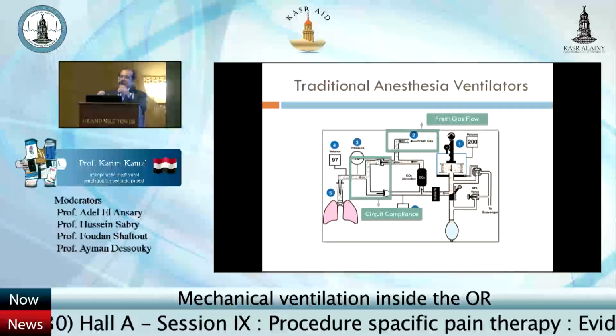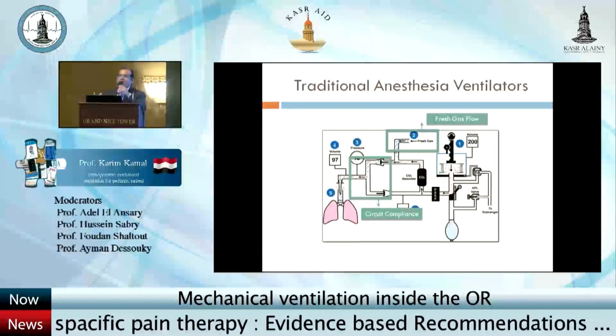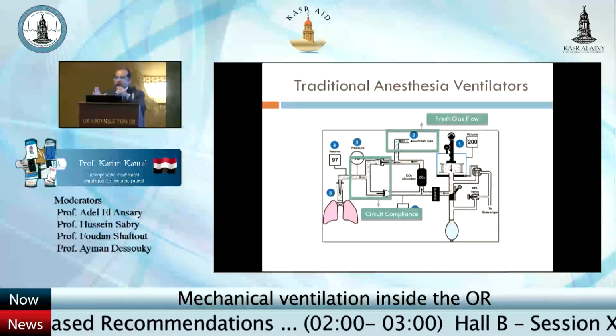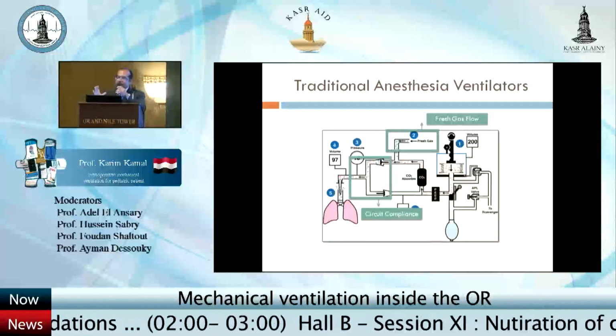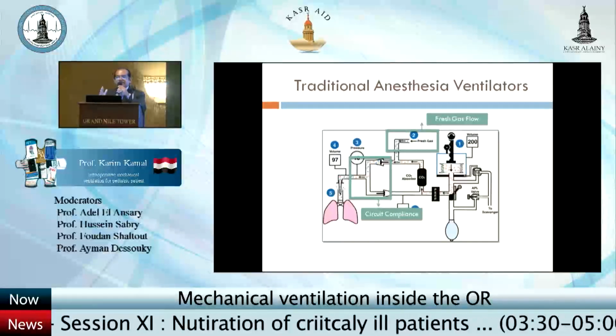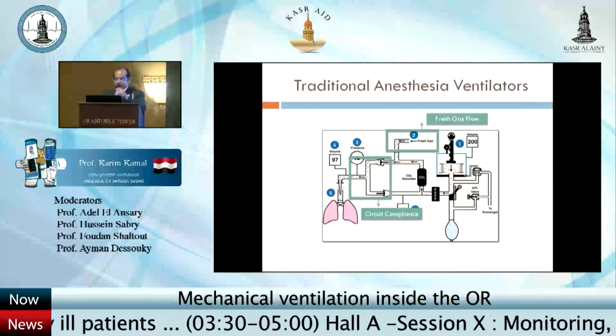If the compliance of the circuit was low, the amount of gas compressed inside the circuit was low. But however low the compliance was, there was some volume that remained inside the circuit and did not reach the patient. So again, this affected the actual tidal volume that was delivered to the lungs of the child.